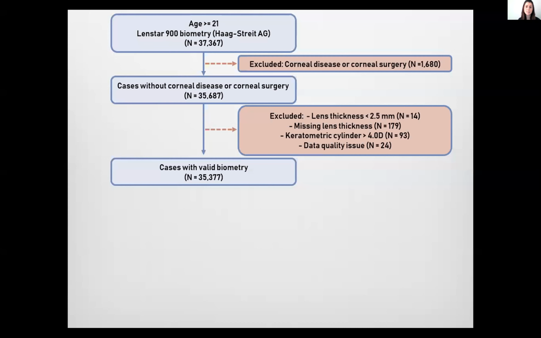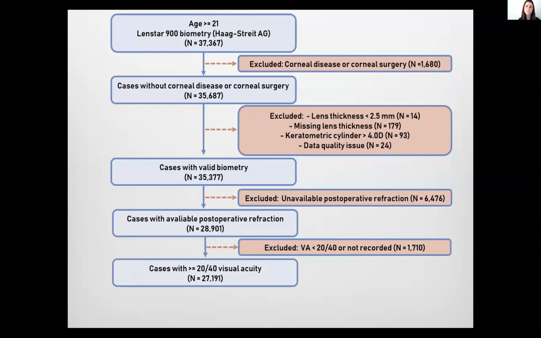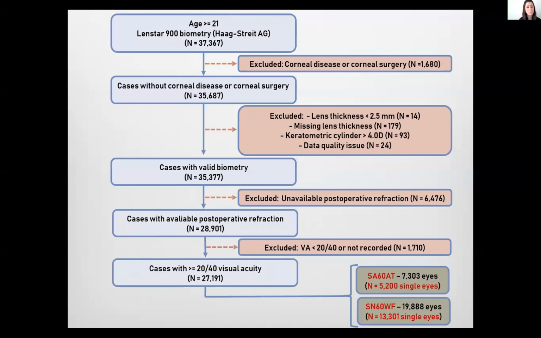From these cases with valid biometry, they also excluded patients with unavailable postoperative refraction between 2 weeks and 4 months after surgery, as well as patients with best corrected visual acuity worse than 20/40 or not recorded.